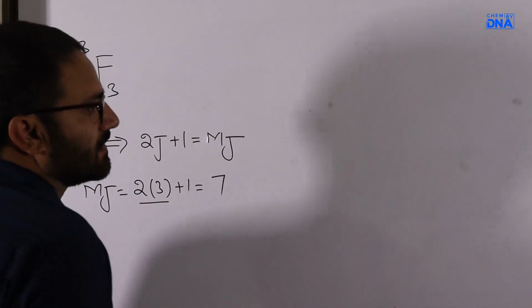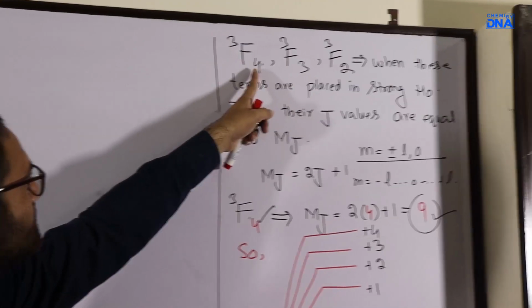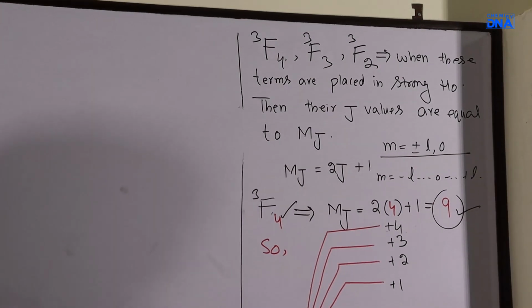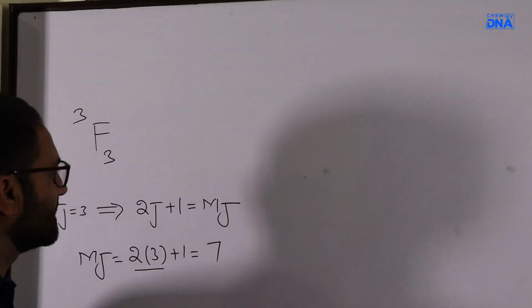Okay, in the case of F triplet 4, you obtained 9 Mj values. Here we will get 7 Mj values.